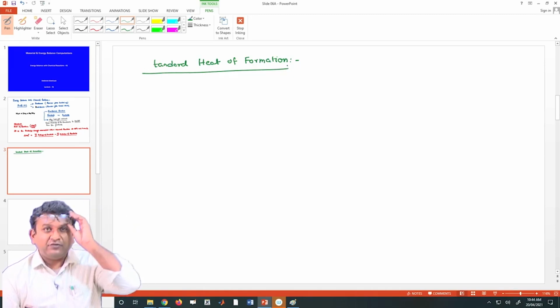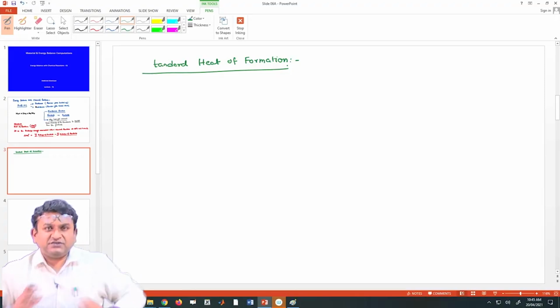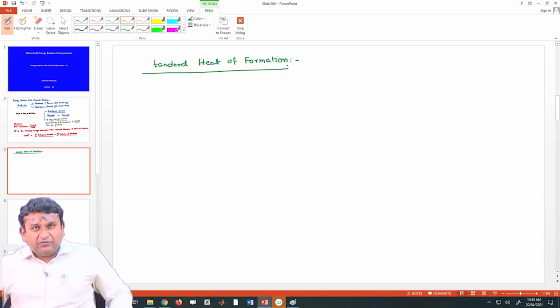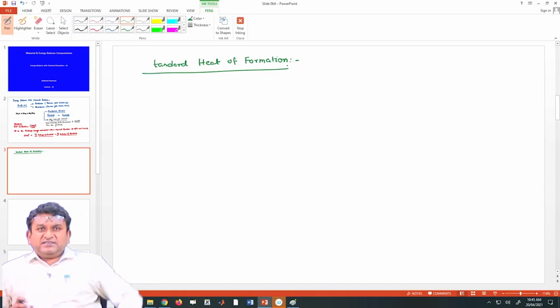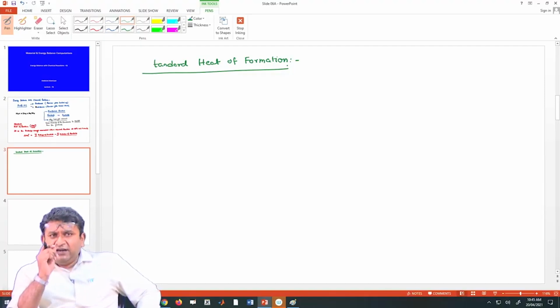Because many of us, when we are talking about heat of reaction, we all know loosely that it is the enthalpy change associated with a chemical reaction, but we often miss out that this so-called enthalpy change is defined or quantified in terms of the standard heat of formation. And as you will soon understand, the standard heat of formation comes with a certain degree of assumption.